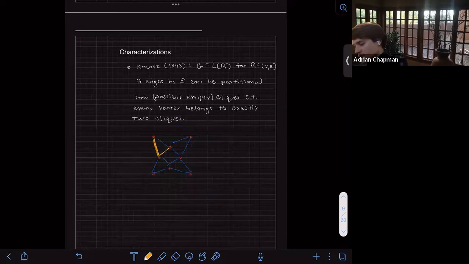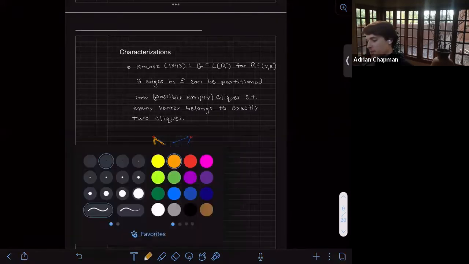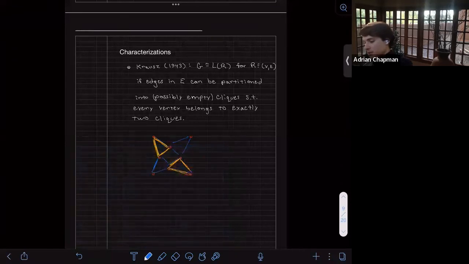If I group them this way, then every vertex belongs to two triangles, one orange and one blue triangle, except for the ones at the end, which belong to just the orange triangle. So for the ones at the end, you have to choose the empty clique as the other clique that the vertex belongs to. And when you can do this such that every vertex belongs to exactly two cliques, possibly being empty, then the graph is a line graph.